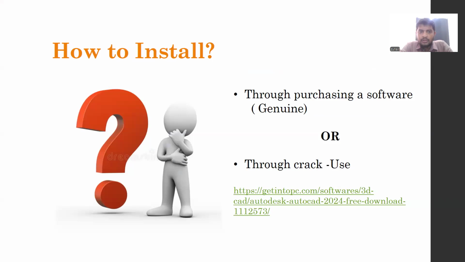If you want to install this software, you can purchase it. You can purchase the software as a genuine version by paying money. You can collect that as a genuine version. Otherwise, we have to install it through a crack version.